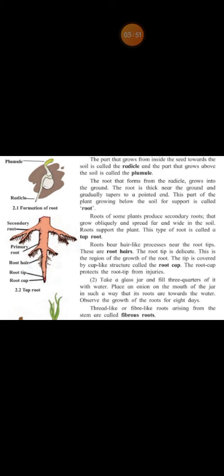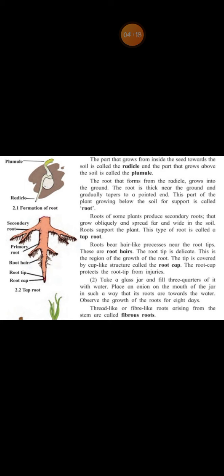Yes, the part of the plant growing below the soil. Roots are always below the soil, right, children? Are they all above the soil? No. Roots are always below the soil. So the part of the plant that grows below the soil and gives support to the plant is called the root.